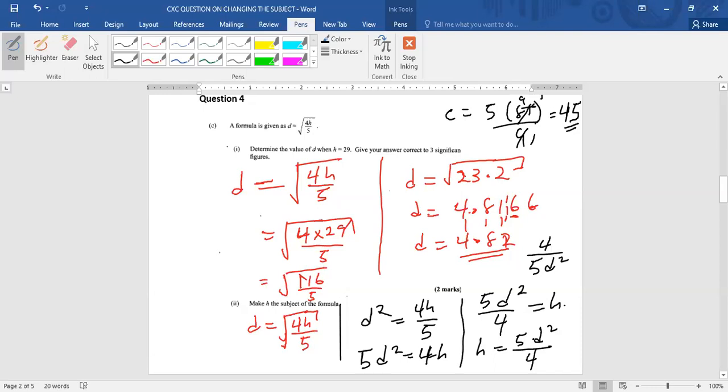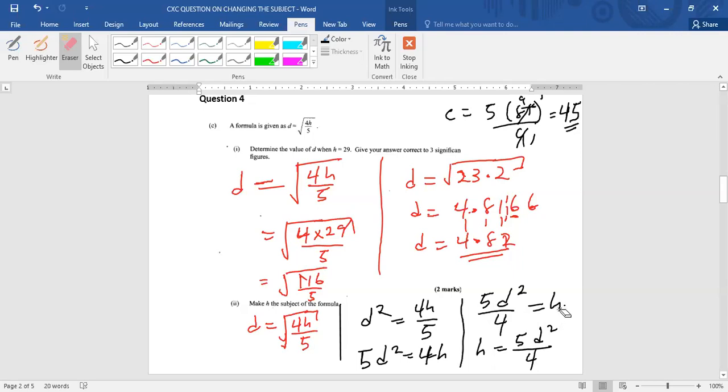You understand what I'm saying here? All you do is switch it around. Look at the h. The h was here. I bring the h here, but this one never changed. The same 5d square over 4. Do not trouble it after you get the h standing by itself.